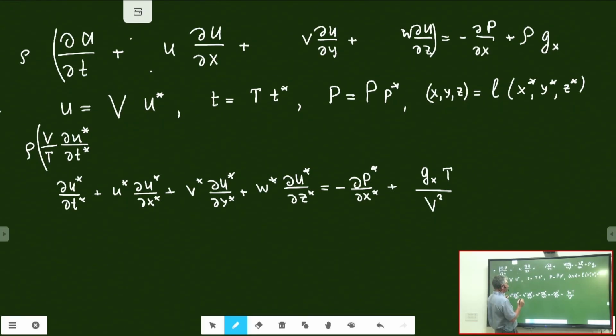And v squared and L, well, not L. Agree? Is that right? So let me multiply this by G and divide by G. Agree?